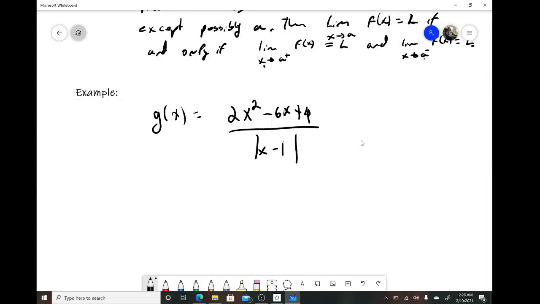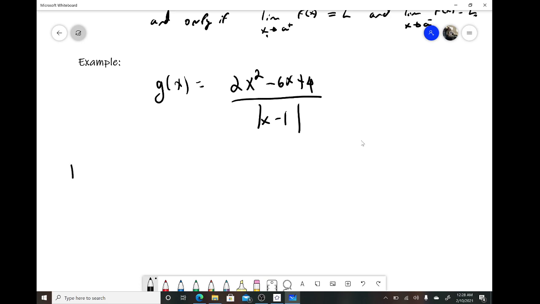Okay, so we have the following function. Now, recall from pre-calculus, this is something you should definitely know from pre-calc, but if you don't know it, it's okay. That's why I'm here to remind you. f of x equals the absolute value of x means the following. Let me not use f of x because I'm going to use the notation here. I'll do y equals absolute value of x.